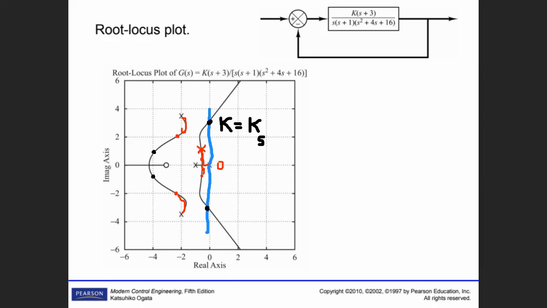These are dominant poles. These are not dominant, although they might have an effect not far away from other poles, but these are dominant poles if you consider it as if it's a second order system.